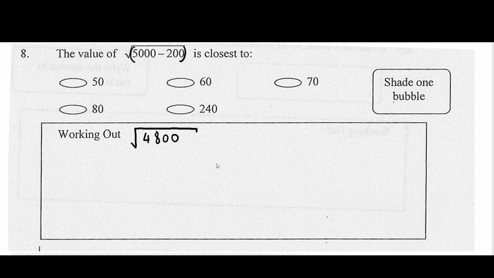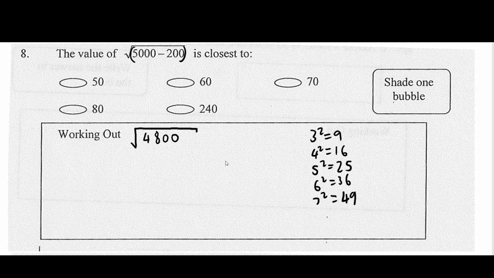All right, and if you remember, let's do some square numbers here. So 3 squared is 9. 4 squared is 16. 5 squared is 25. 6 squared is 36. 7 squared is 49.